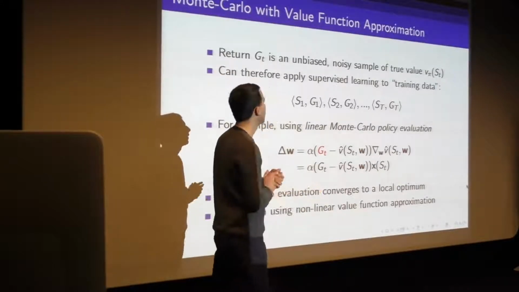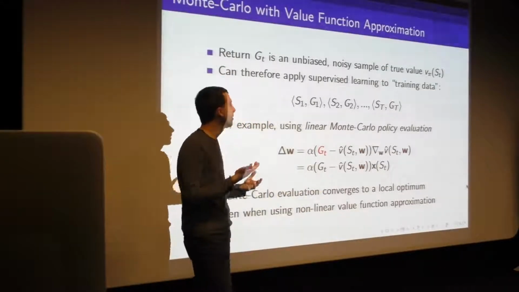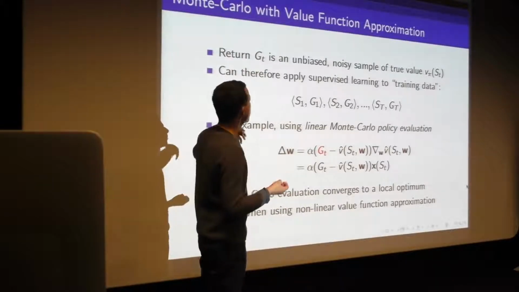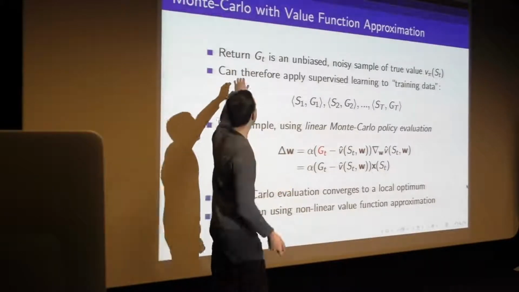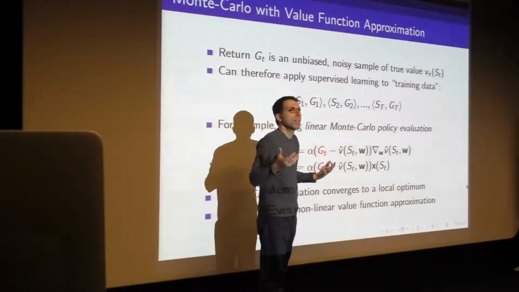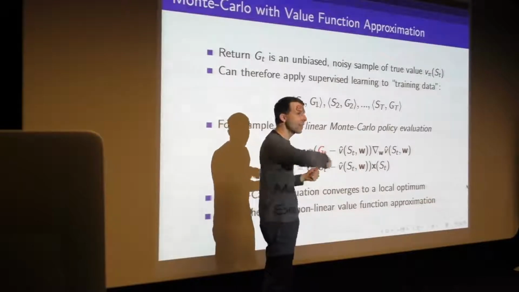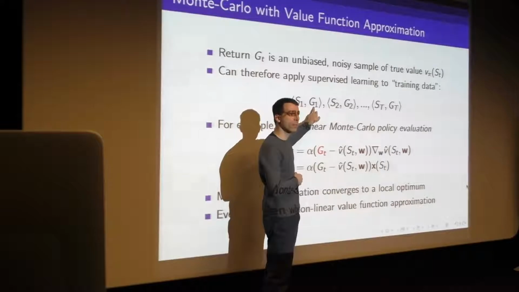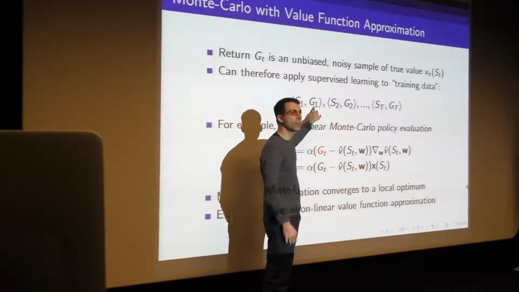So what's this look like? We can think of this as a process that looks a lot like supervised learning. When we do Monte Carlo learning, we're basically going to use the return, and we're going to build some training data, but we're doing this kind of incrementally. We first of all see state S1, and we run a trajectory from it, and we see that we got a return of G1.